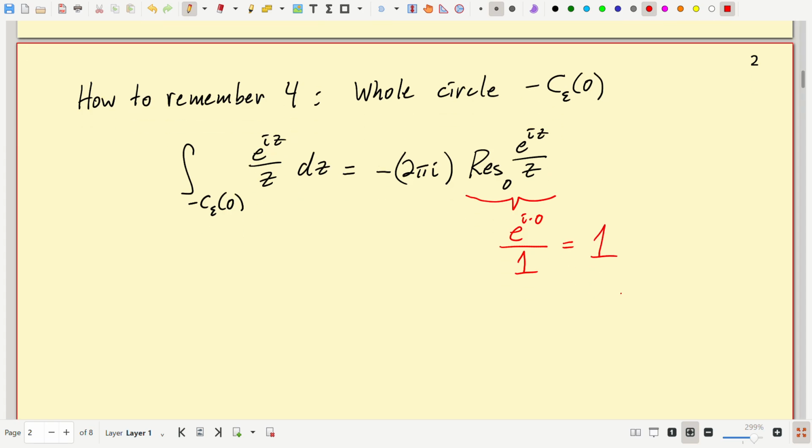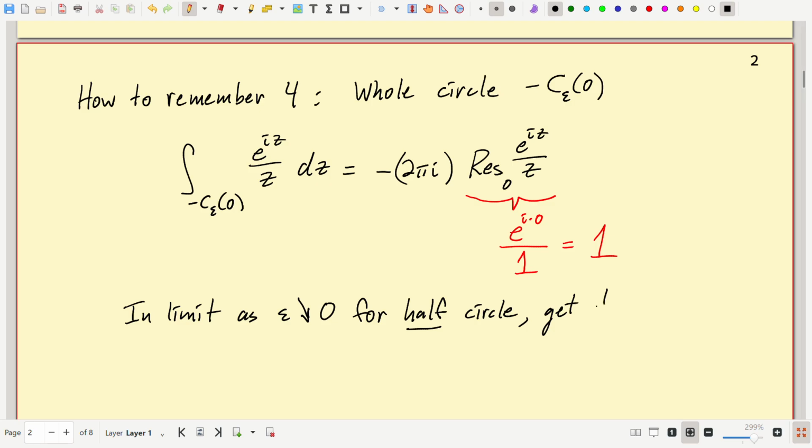And so a half circle is just going to make this half in the limit, as epsilon goes to 0 for the half circle. We're going to get 1/2 times this. That's the way I like to think about it.